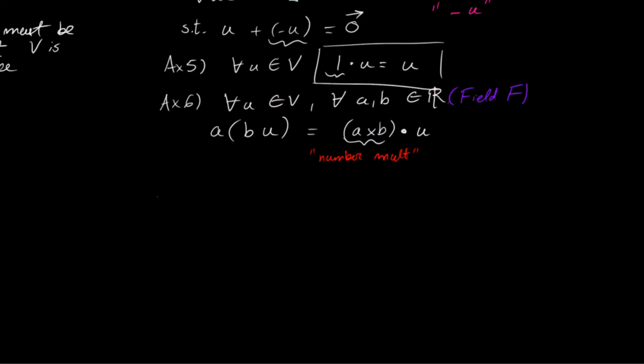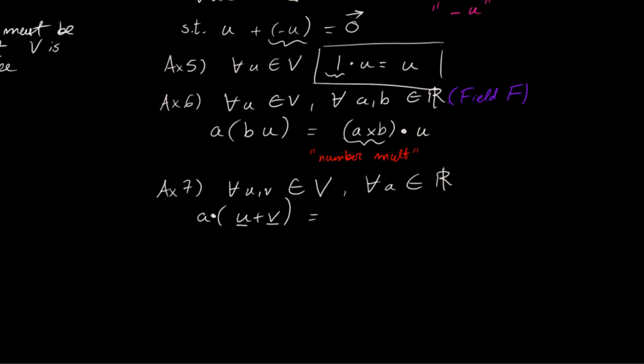So that's pretty straightforward. It's not saying anything that would surprise you in any way. Then my seventh axiom. Axiom 7 says that for all u and v that belong to my vector space V, and for all a that belong to the real numbers, if I do a scalar multiplied by the vector addition of u and v, then it comes back to the same thing as doing a scalar multiply u plus a scalar multiply v.